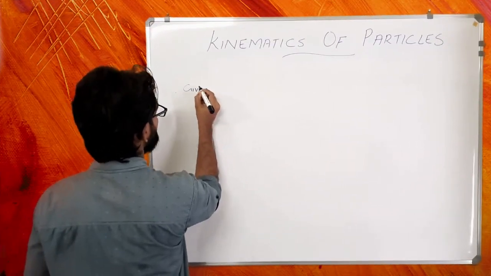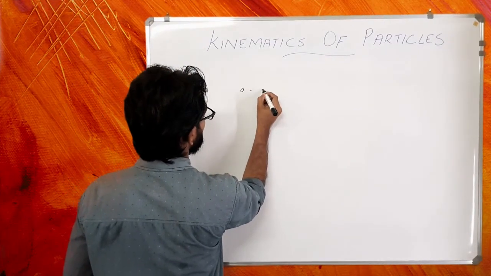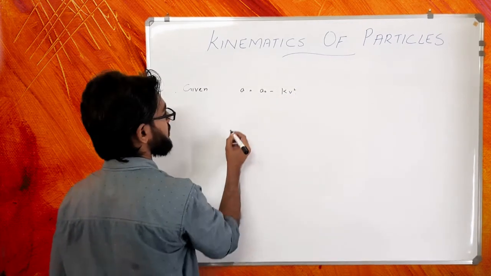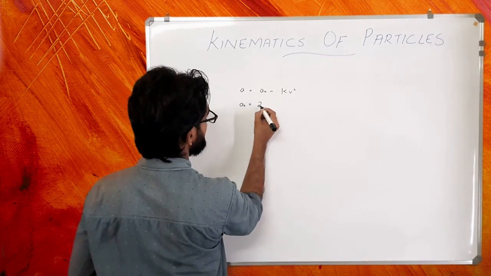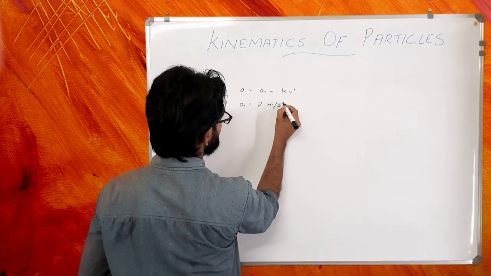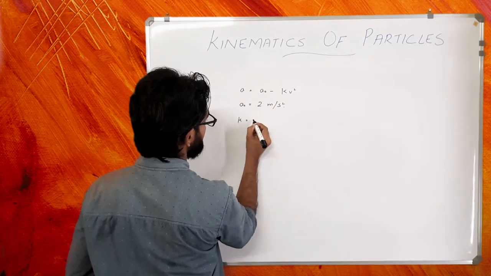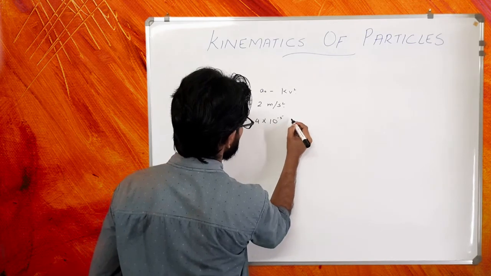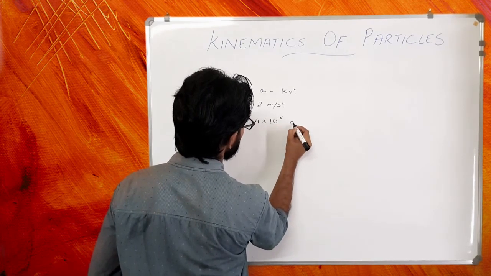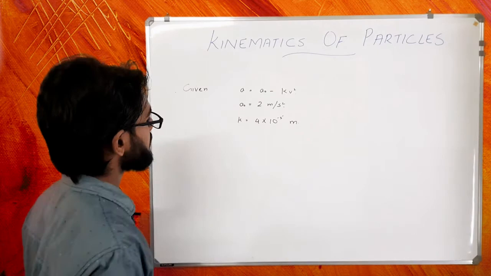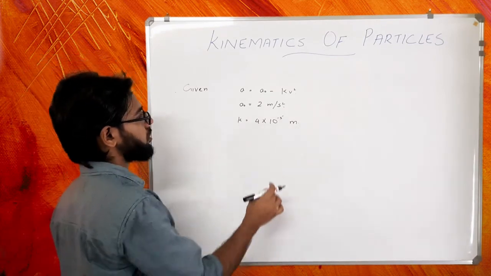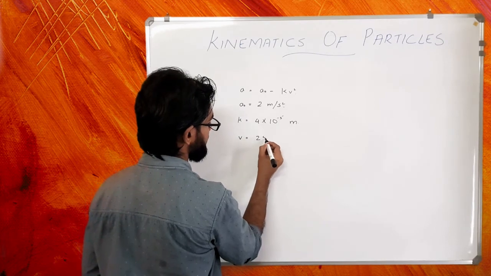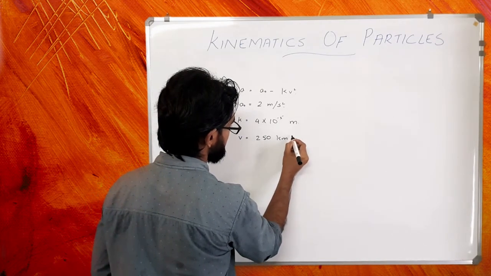The given values are a equals a0 minus kv square, where a0 is 2 meter per second square, k is 4 into 10 raised to minus 5 per meter. The final velocity v is given as 250 kilometers per hour.